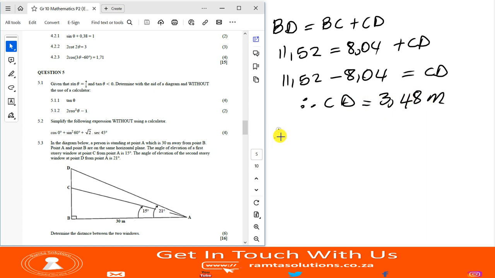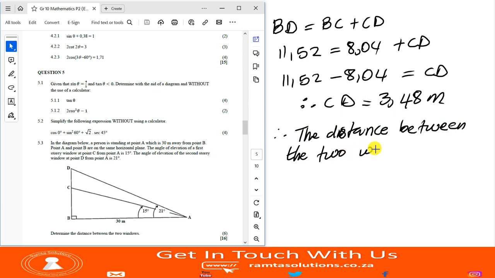Therefore, the distance between the two windows is 3.48 meters.